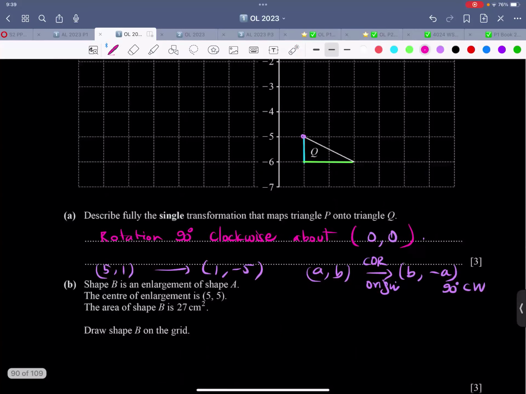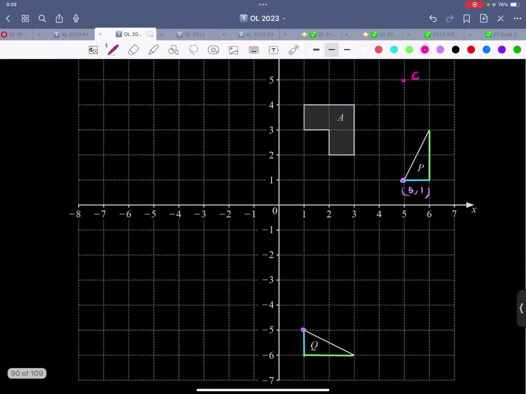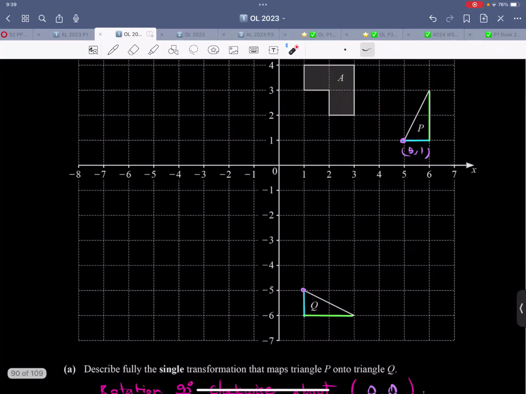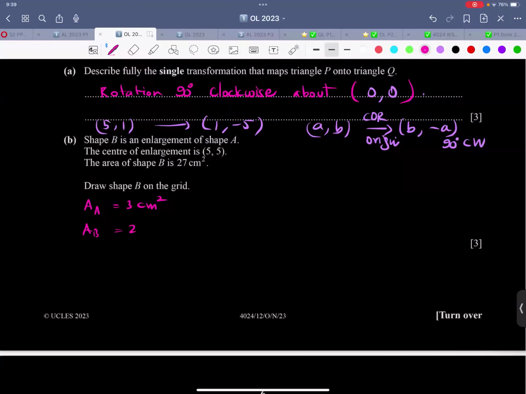Now it says the area of shape B is 27. First of all, what's the area of this shape? This is 1 by 1, which is 1, 1, 1, which is 3 centimeters square. So the area of A is 3 centimeters square, and the area of B is 27 centimeters square.